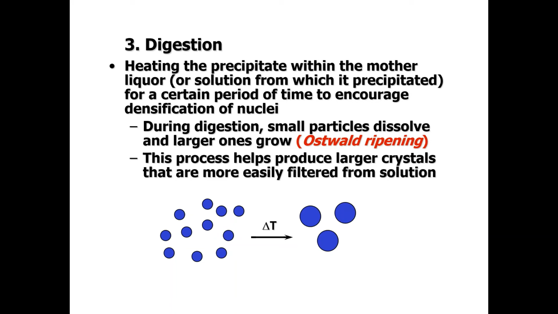When you heat it, all the precipitate will redissolve. When everything is redissolved, you turn off the heat. Stop the heating, and then let it cool, and the process of precipitation occurs. So this process will produce large precipitate by the process of digestion.